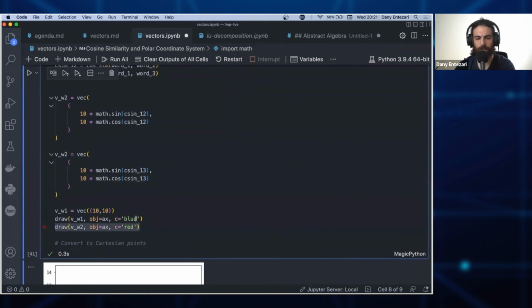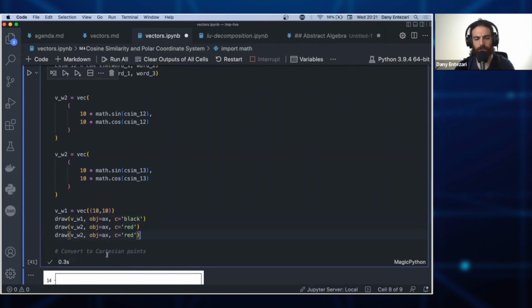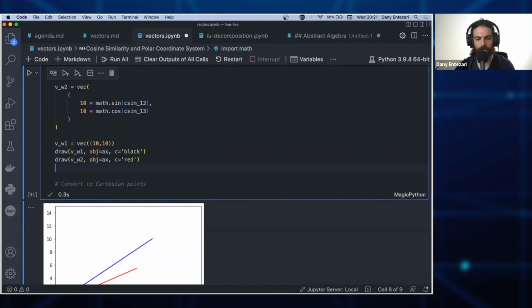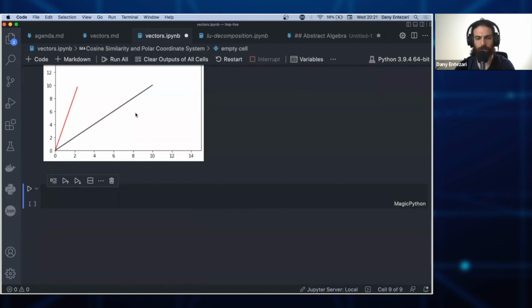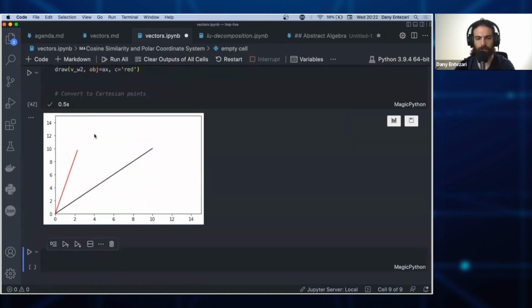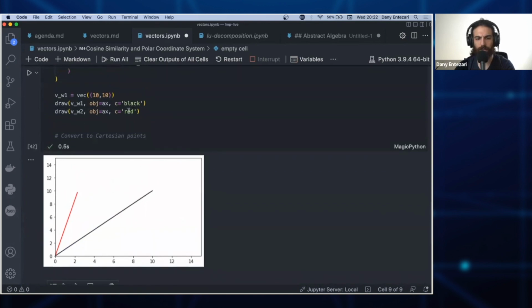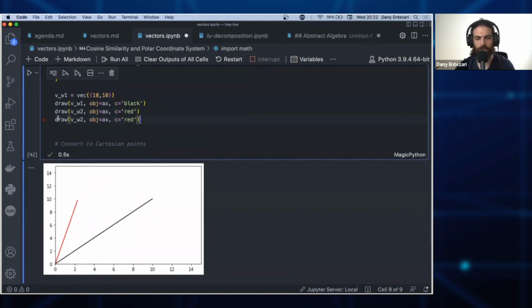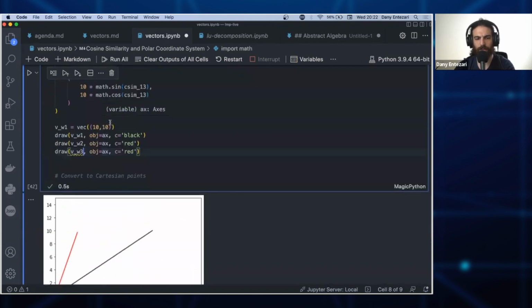And let me make the first vector black. That's our point of reference. And then we will make the green one. Let me draw this again, just so you can see the black vector. So that's the original one. And then let's add the third vector.